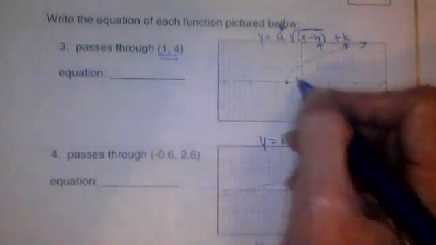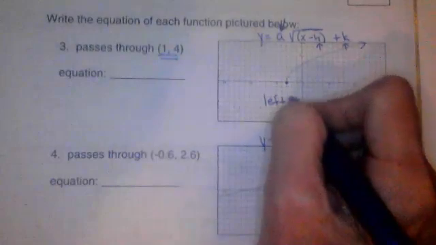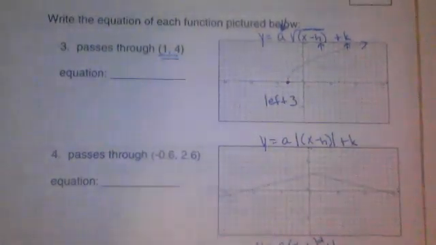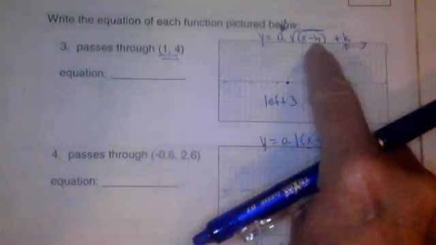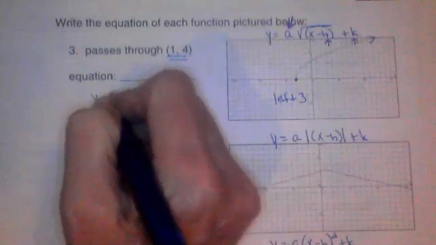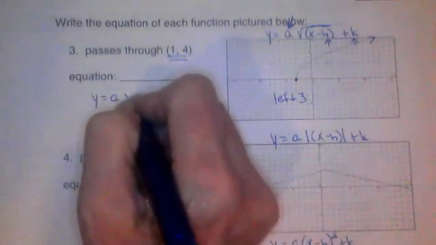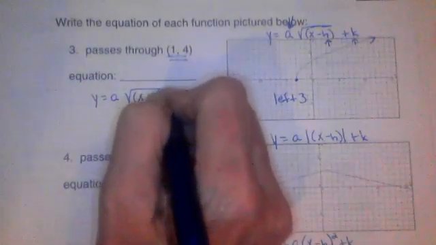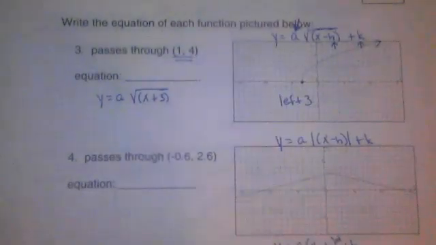So we can tell that this thing has been moved to the left 3 units. And so if I want to move this thing left 3, then I want to put a plus 3 in here for h. So we have y equals a times the square root of x plus 3 under our root. And it wasn't shifted up or down, so that's going to be it.